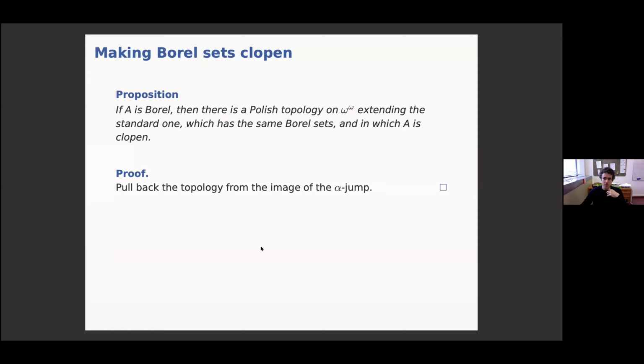The serious restriction here really is making it Polish, because you can take all closed sets and make them clopen, but that would involve making every singleton clopen, so I have a non-separable space. So the tension here is between simplifying a set, but keeping the topology not too rich so that it is still Polish.